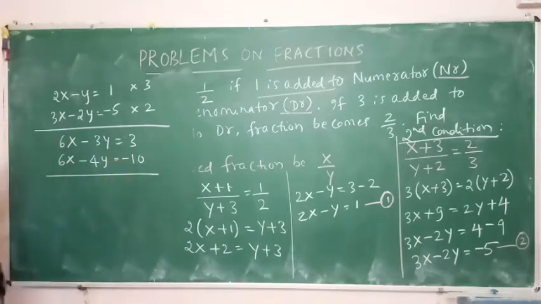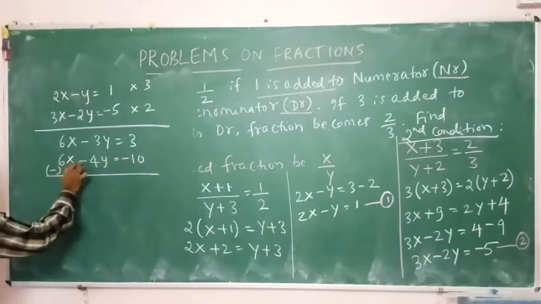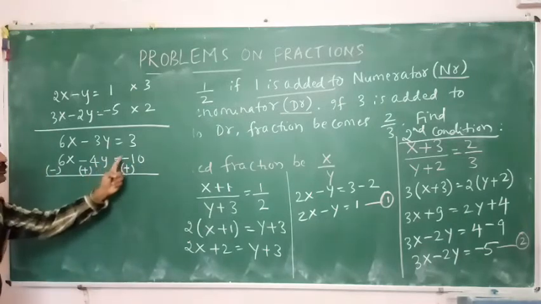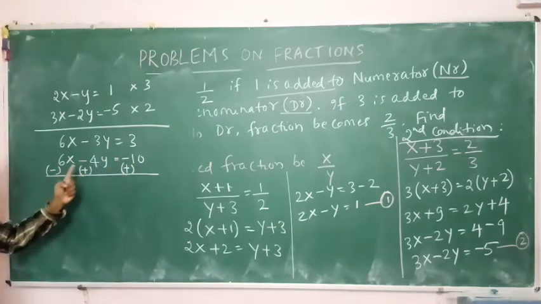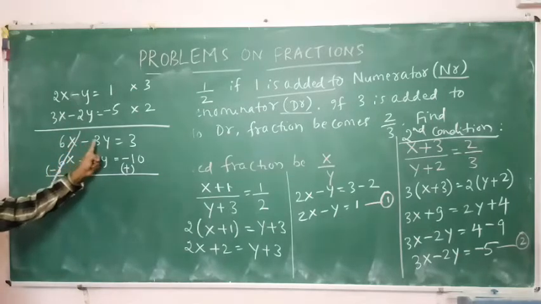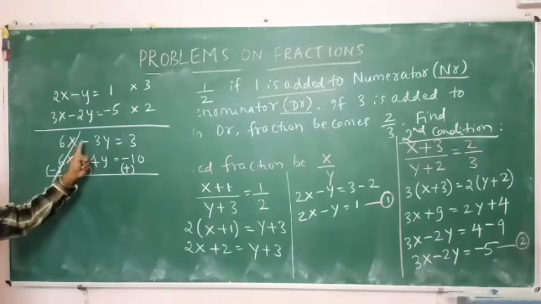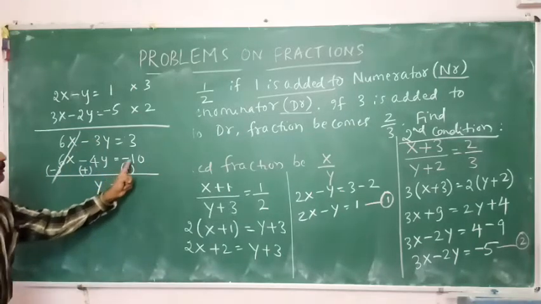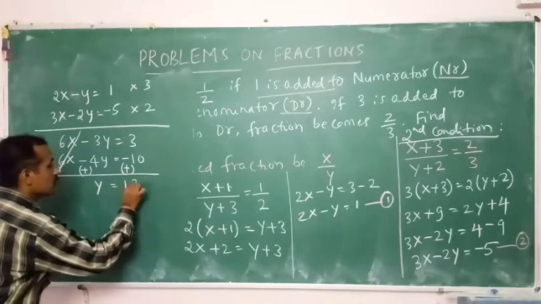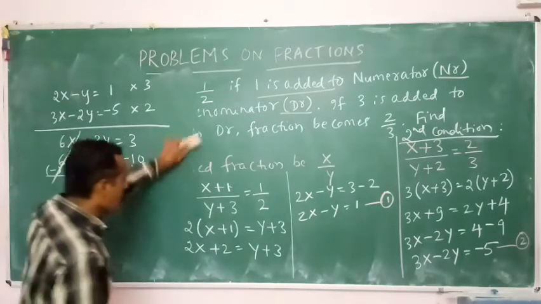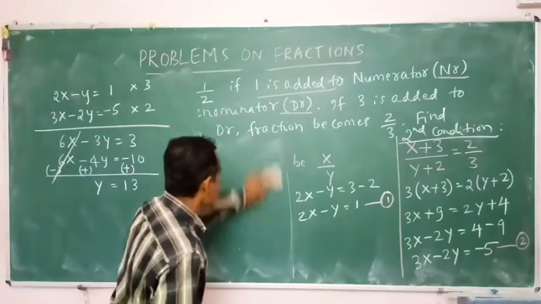The sign has to be reversed: minus becomes plus, plus becomes minus, and 6x gets cancelled. Minus 3y plus 4y gives you y is equal to 10 plus 3, which is 13. You got the value of y. Now what will I do? Substitute.